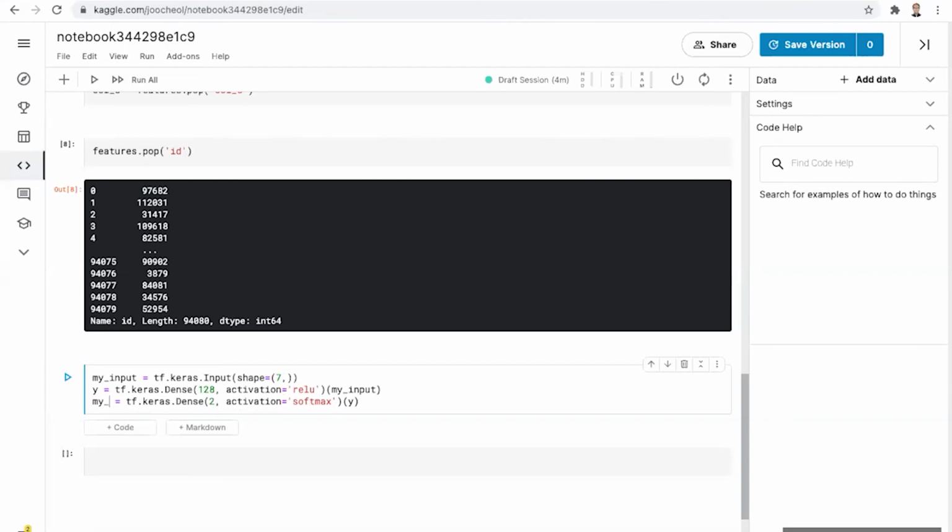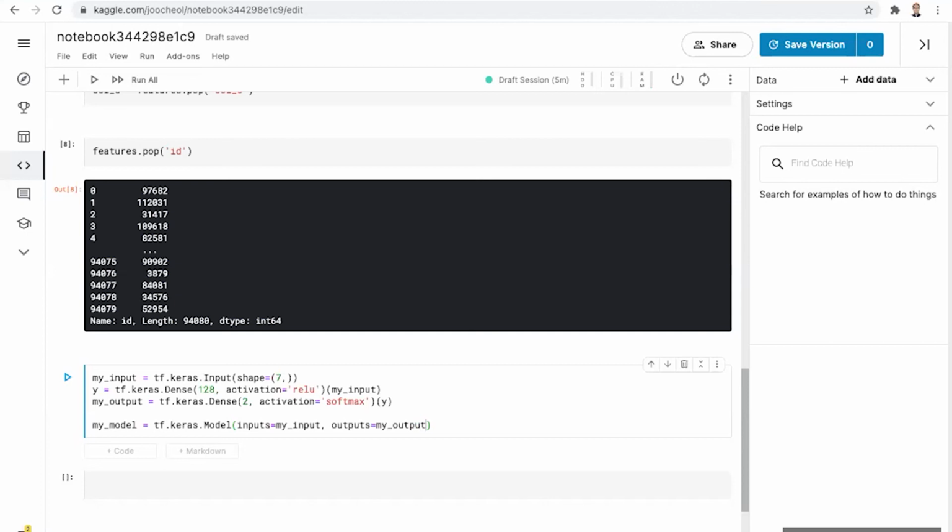So it's my output. And then I'm gonna make my model, tf.keras.Model, and input is my input, and output is my output.